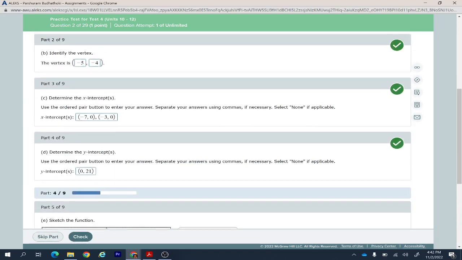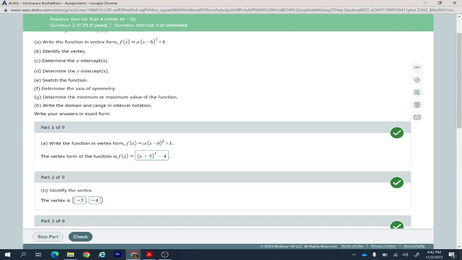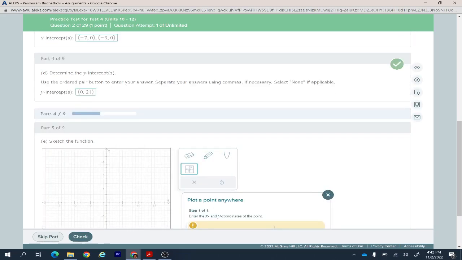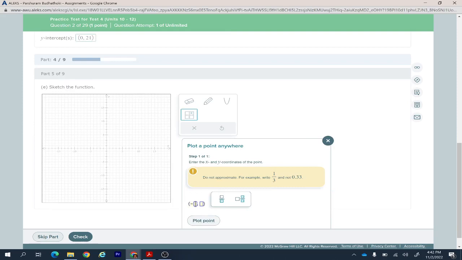And now the graph, as you can see, you have all the information. -5, -4, that's our vertex. We can use the x-intercepts and y-intercept. The x-intercepts are -7, 0 and -3, 0, and then 0, 21.